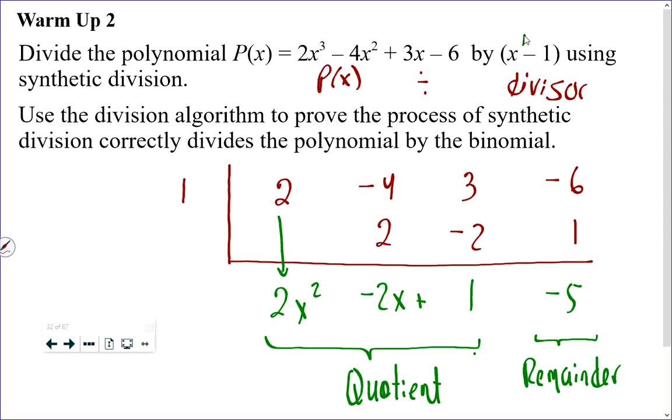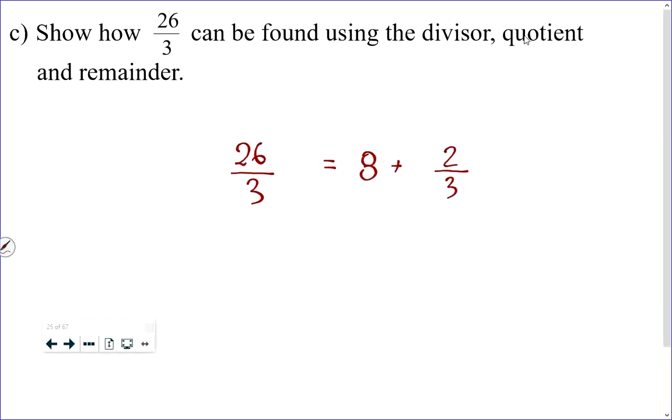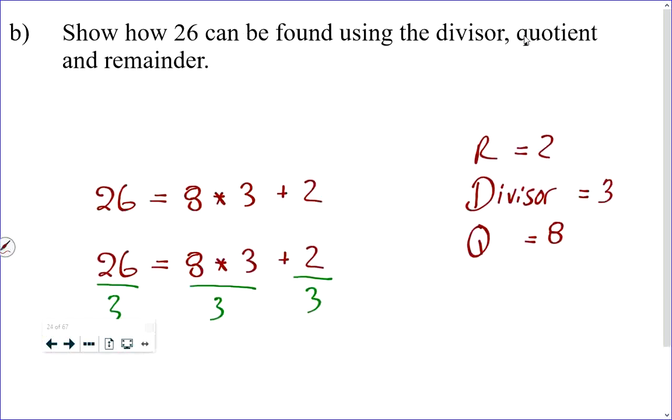Now, for all you know, I could have just made that up, right? But luckily for you, we have a way to check. Just like in the earlier example, if I take the quotient times the divisor and add the remainder, it gives me 26.